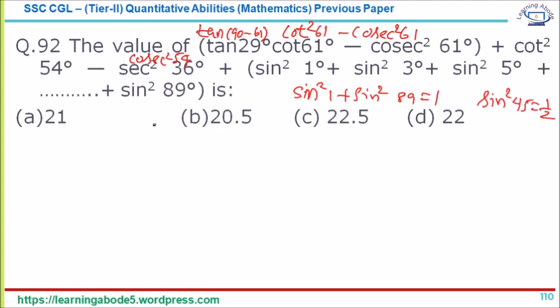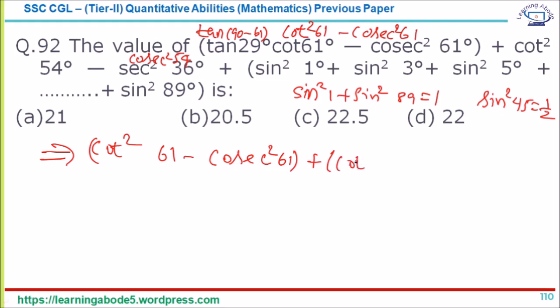Now if you put all this together, what you get? You get cot square 61 minus cosecant square 61 plus cot square 54 minus cosecant square 54, plus all these values.